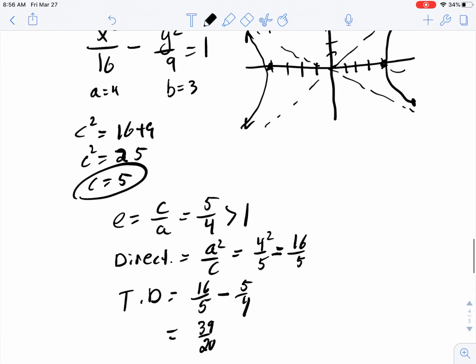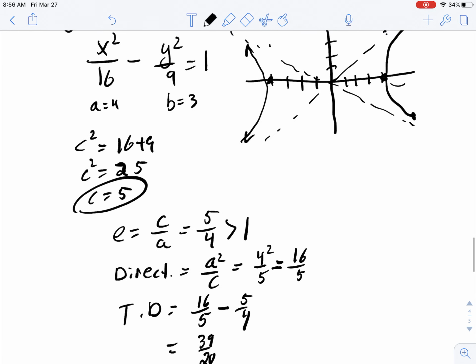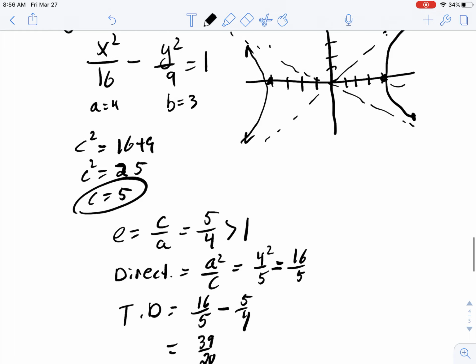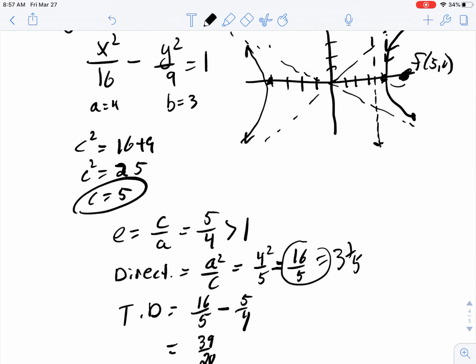Now my directrix, if you graph this out, we can determine whether we're going to use a positive or negative cosine. Where's my directrix? This would be 3 1/5, so 1, 2, 3 1/5. My focus is here at 5, 0. This is the point that I'm going to track things from.